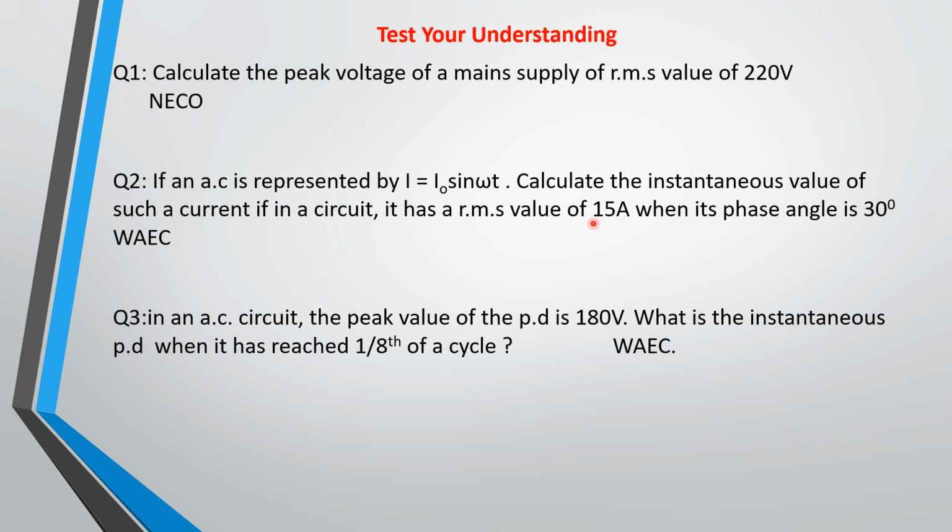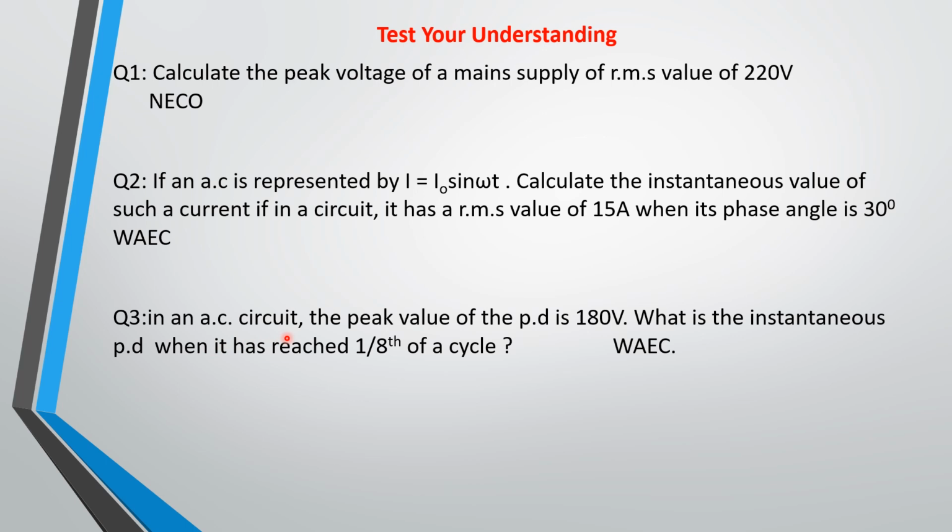So what you need to do is first of all find the peak value, then substitute into this equation, and then you have your instantaneous value of your current. Okay, so I hope that is clear.